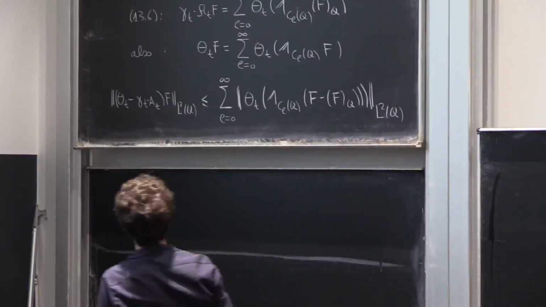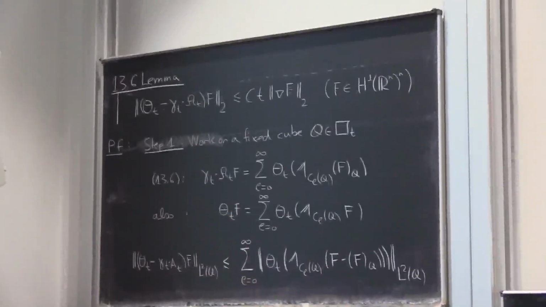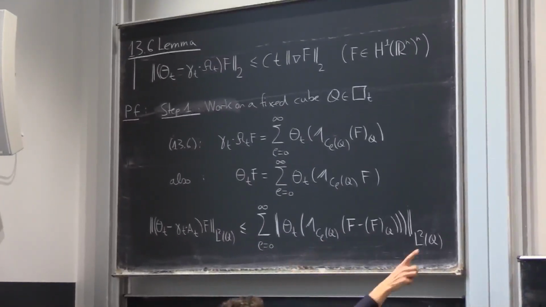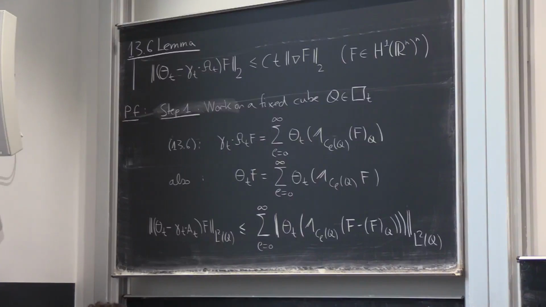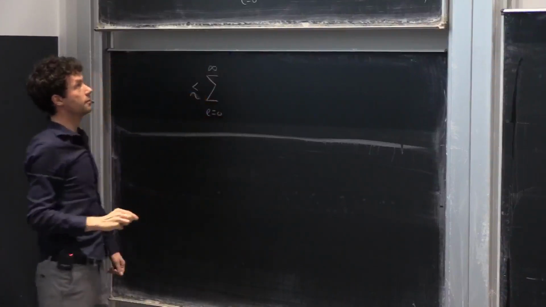Alright, so of course I use off-diagonal estimates because I'm localized in an annulus and I'm on a cube. And of course I'm going to use the massaged one as I told you before the break. So I'm just writing the sum from l equal to 0 to infinity.